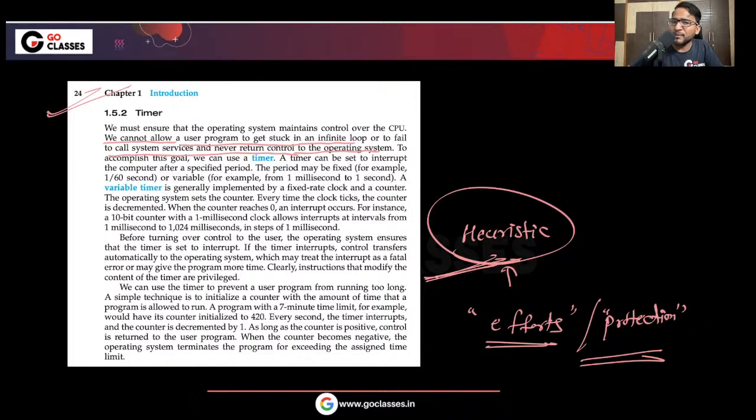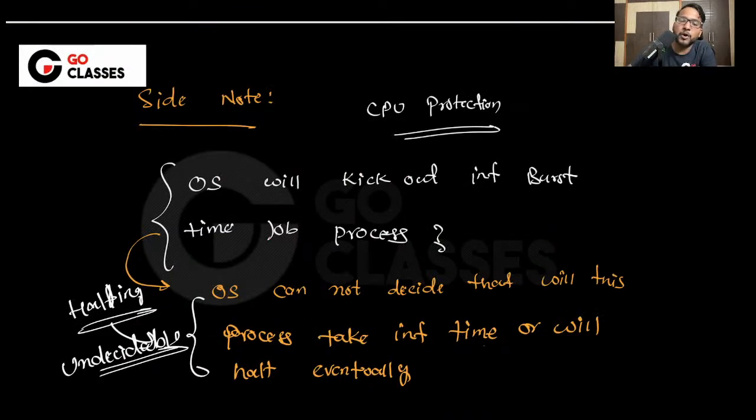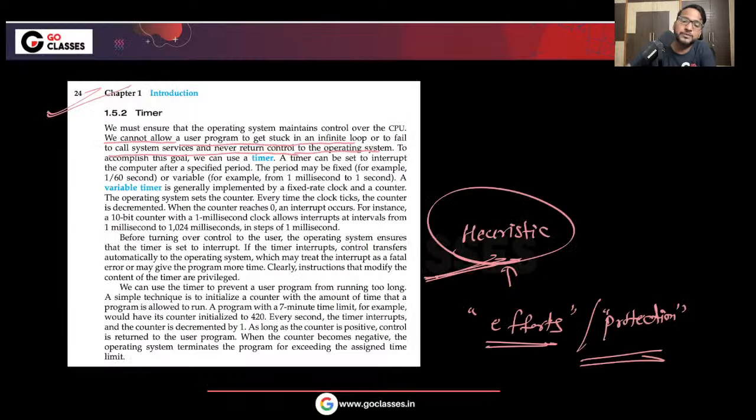So you can implement a timer, but it doesn't mean that it will 100% protect you, because it is an undecidable problem. The OS will never get to know whether a process is doing something or not doing something. That is why you can use heuristics, or your own idea, which is correct, but you cannot rely on them.